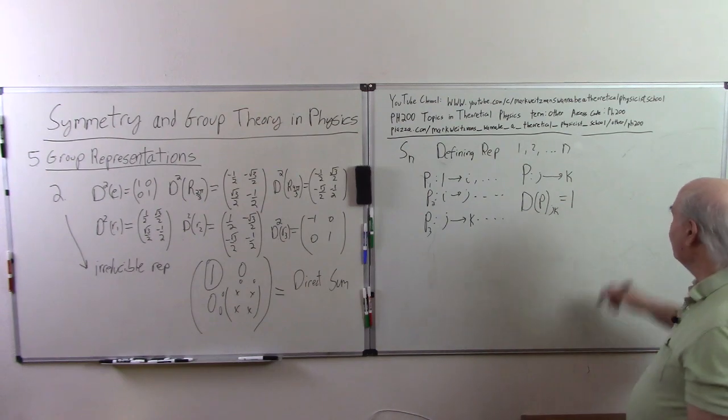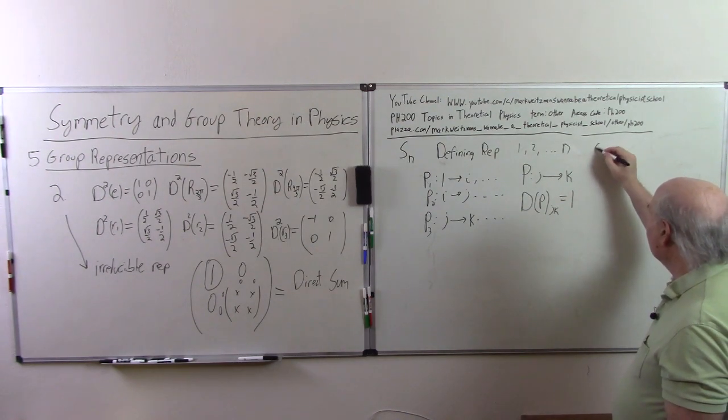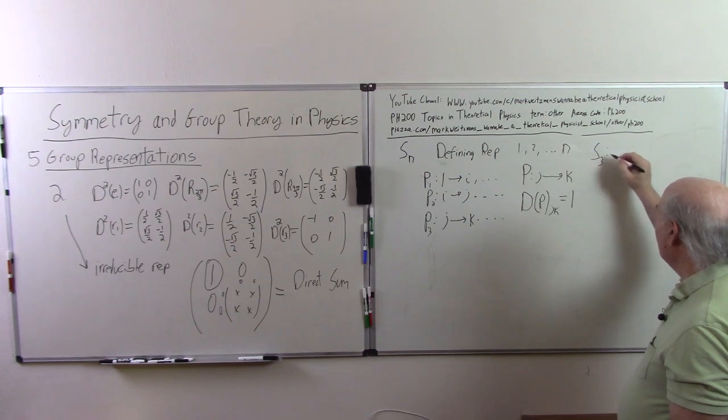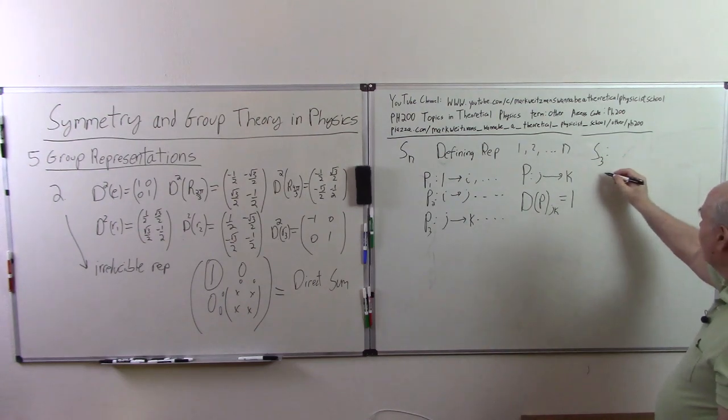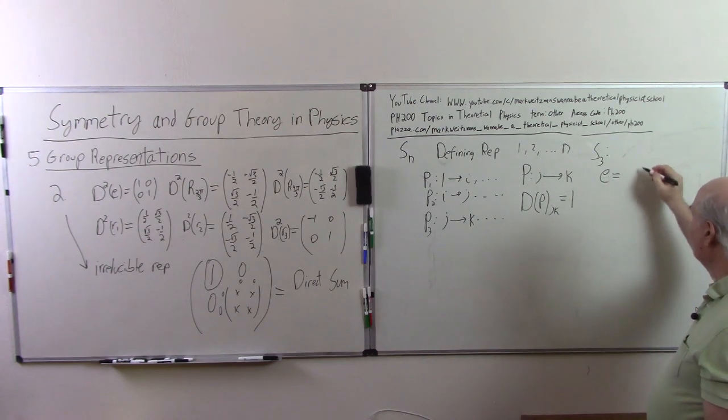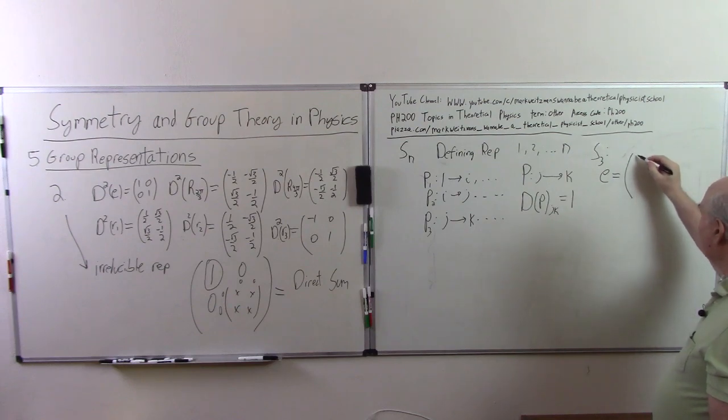So let's do this for S3. The identity element is always represented by the identity matrix.